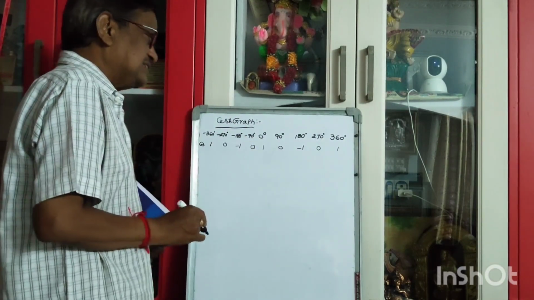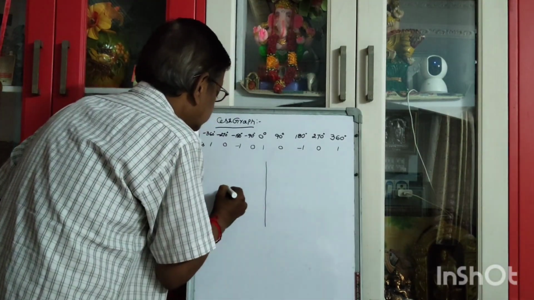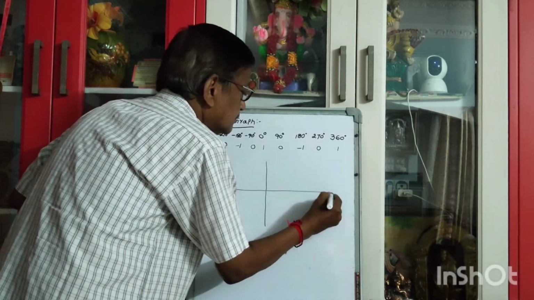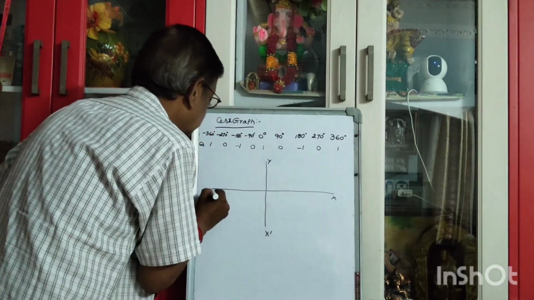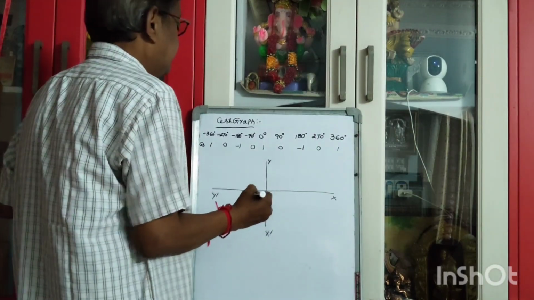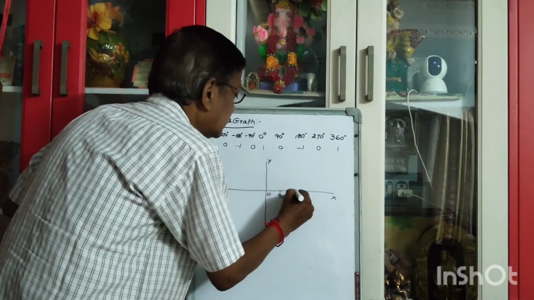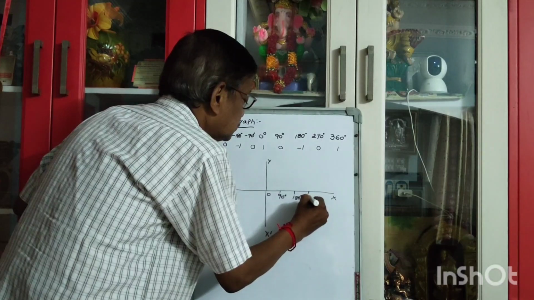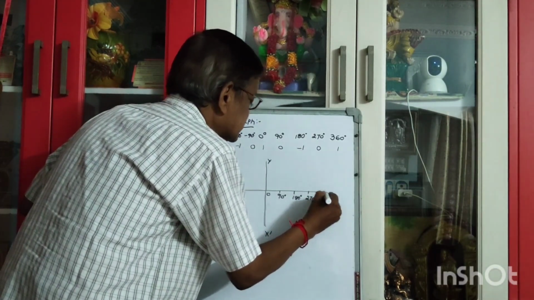Here, cos x graph. 0, 90 degrees, 180 degrees, 270 degrees, 360 degrees.